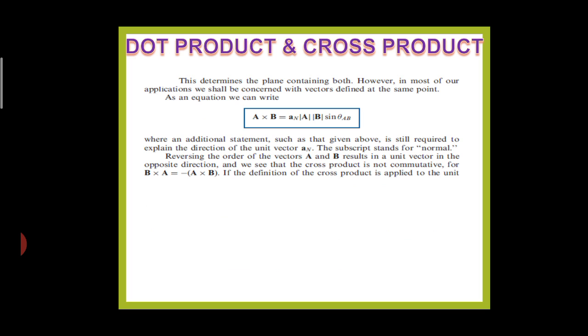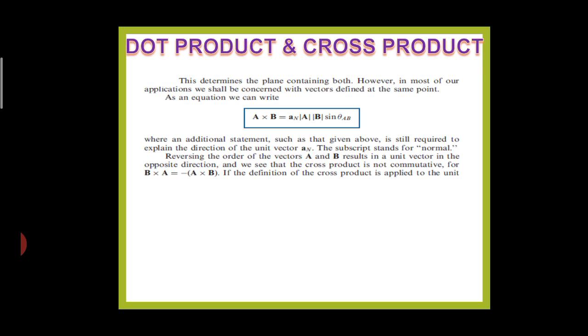In most of our applications we shall be concerned with vectors defined at the same point. As an equation, an additional statement such as that given above is still required to explain the direction of the unit vector an.